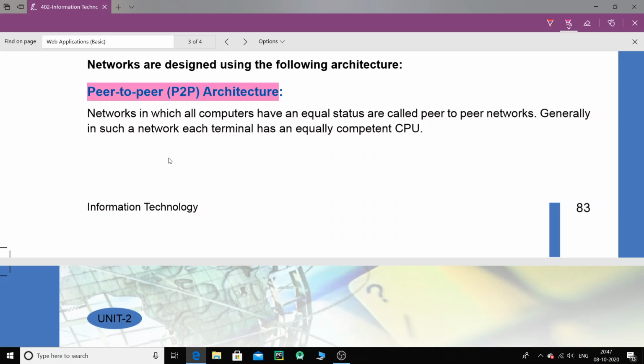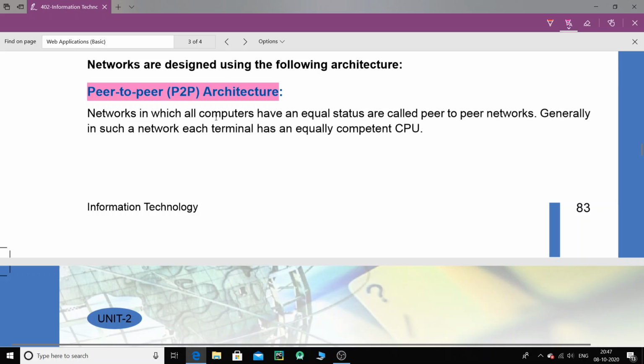You may say I have a lot of peers, or one of my peers is coming to my house, which means a person from your class is coming to your house, because both of you belong to the same class, class 10th A or 10th B. If you belong to the same class, same standard, same section, they will be your peers. All the students in that particular class and section will be your peers. So that is peer to peer, meaning equal of equal.